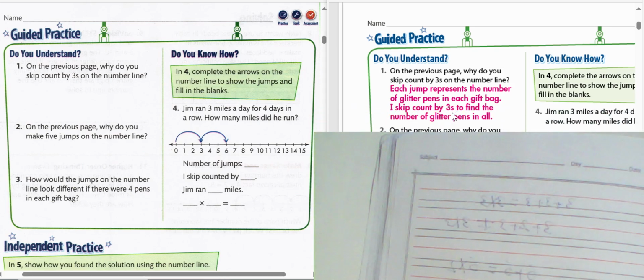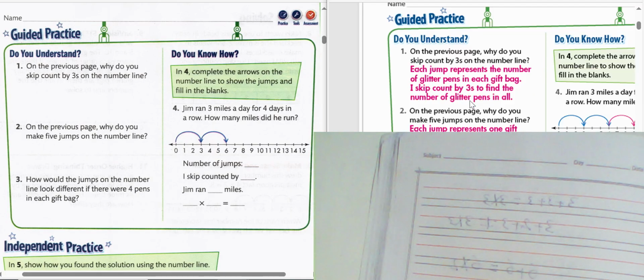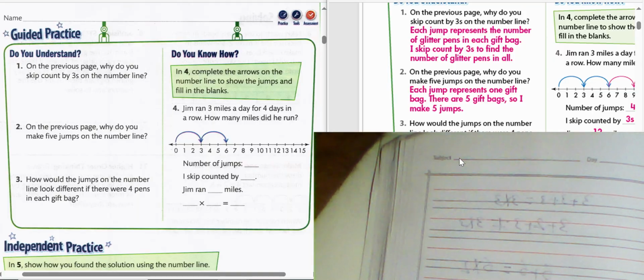I skip count by 3 to find the number of glitter pens. Number 2, on the previous page, why do you make 5 jumps on the number line? Because we start from 0, 0, 5, 10 to get the number, and each jump represents one gift bag, and there are 5 gift bags, so I make 5 jumps.